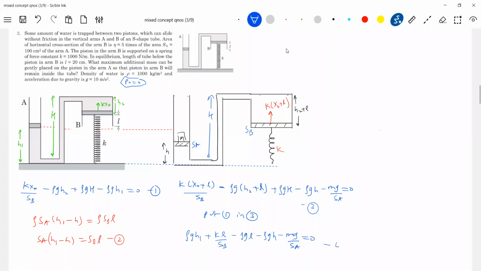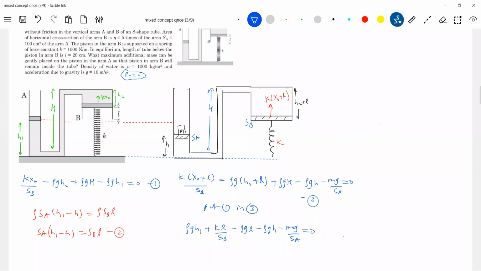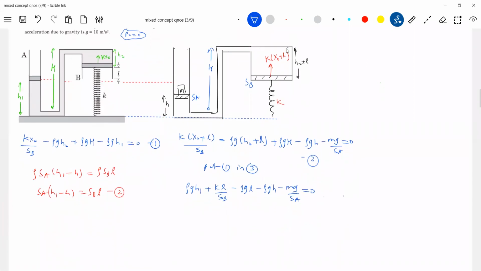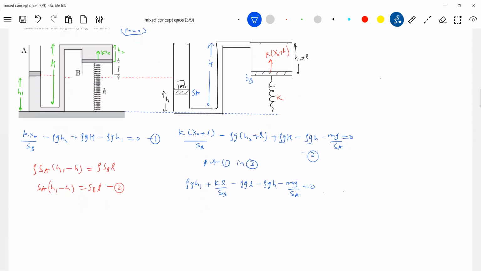This is called equation 4. Or if you simplify one more step, I think I'll keep it this much. Writing equations will be easier.